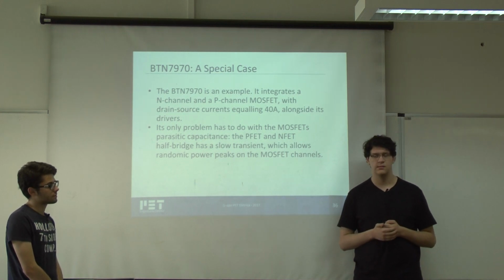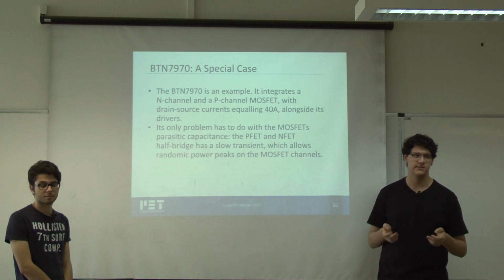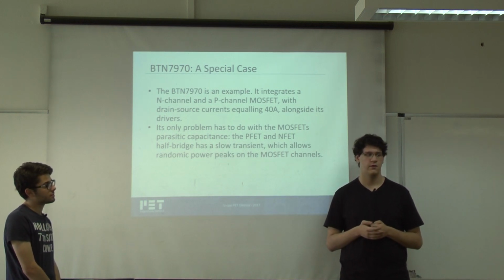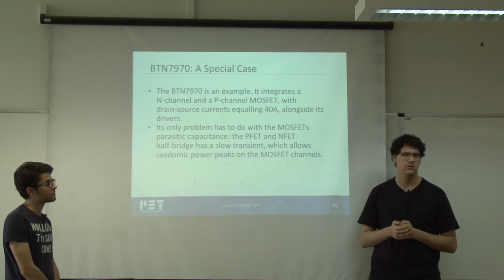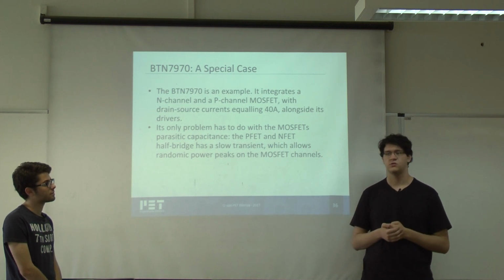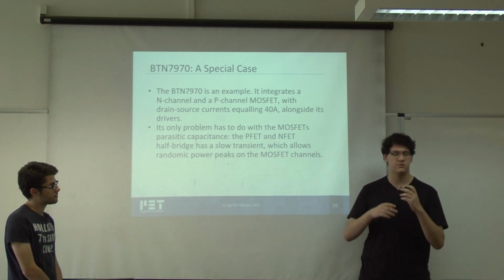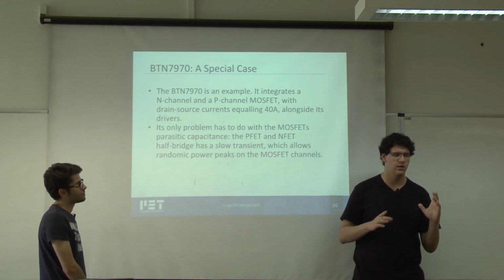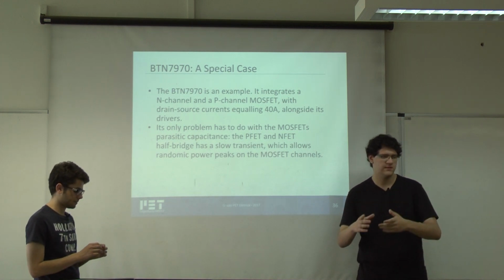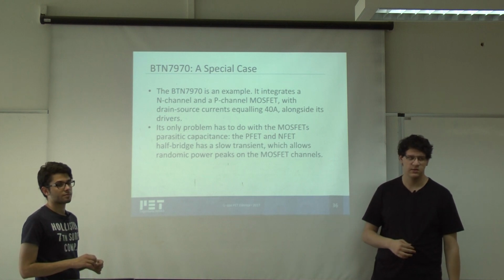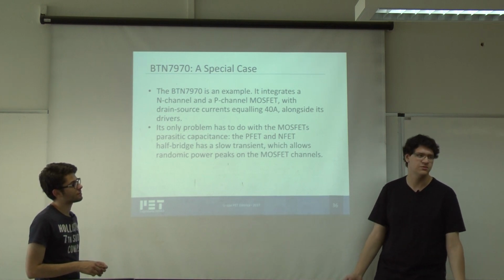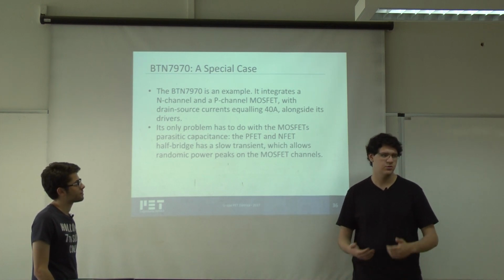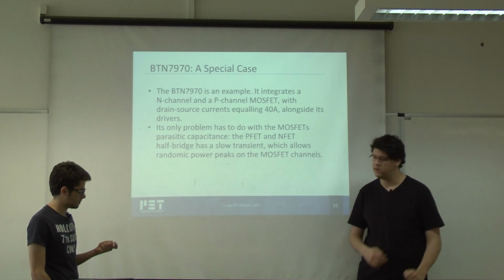And this generates lots of power peaks, which are not safe for the MOSFETs of the BTN7970. So it tends to be not as reliable as that other configuration with the actual discrete MOSFETs and its drivers. But it's an integrated solution, so it's easier to do layouts with it.